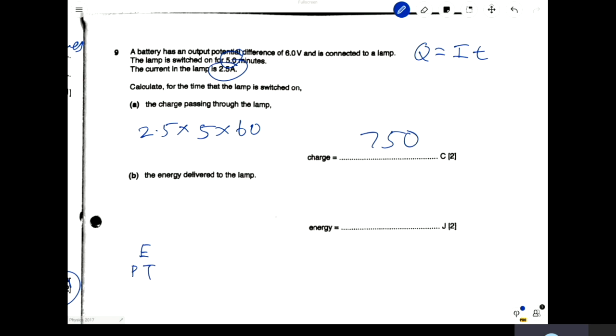Energy delivered, PT, right? IVIR. So to find the energy, I need the power times time. Do I have the power? No. So power equals current times voltage.